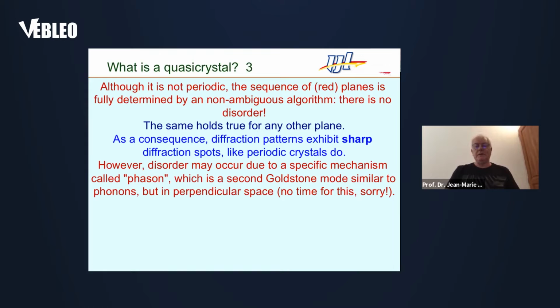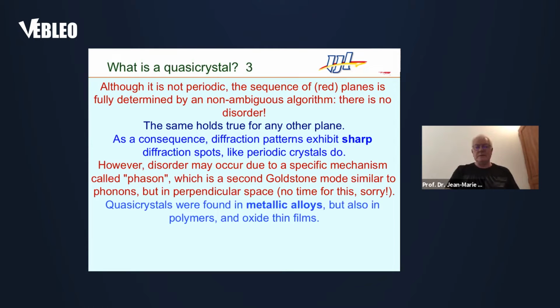However, disorder may occur due to a specific mechanism called phason, which is a Goldstone mode similar to phonons but in perpendicular space, but I have absolutely no time to go into this detail. So quasicrystals were found in metallic alloys, but also in polymers and oxide thin films, and I have no time to discuss this.